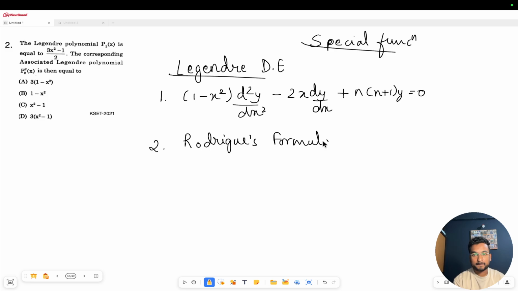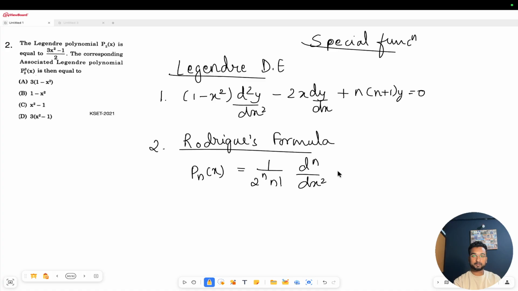So the Rodrigues formula is P_n(x) equals 1 upon 2 to the power n factorial, d^n by dx^n of (x square minus 1) to the power n.